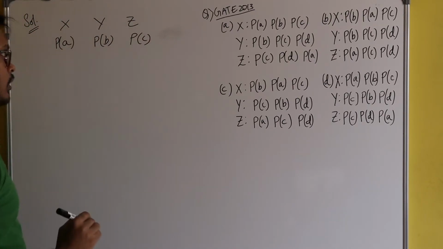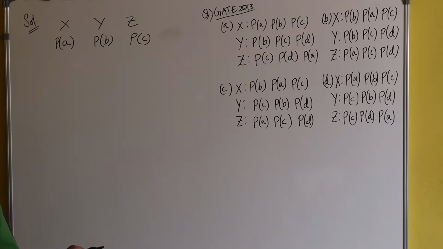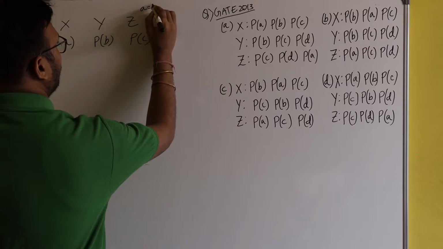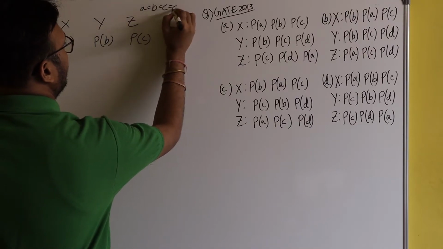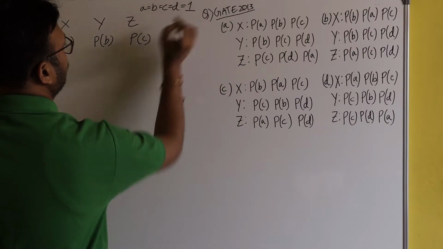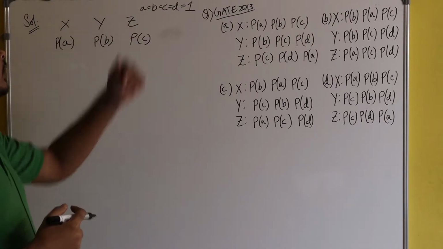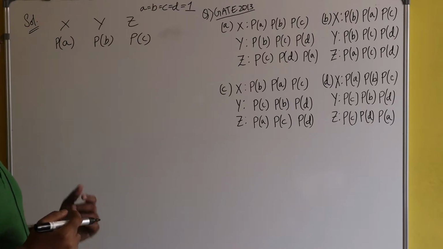Here you just imagine A, B, C, and D are all initialized to 1. After applying P operations, the variable value will become 0.